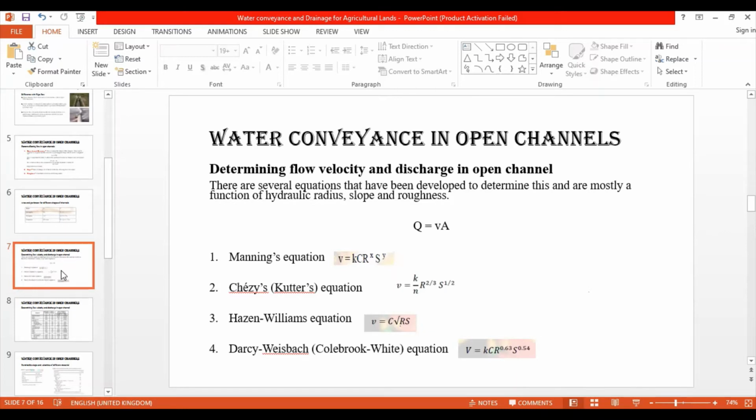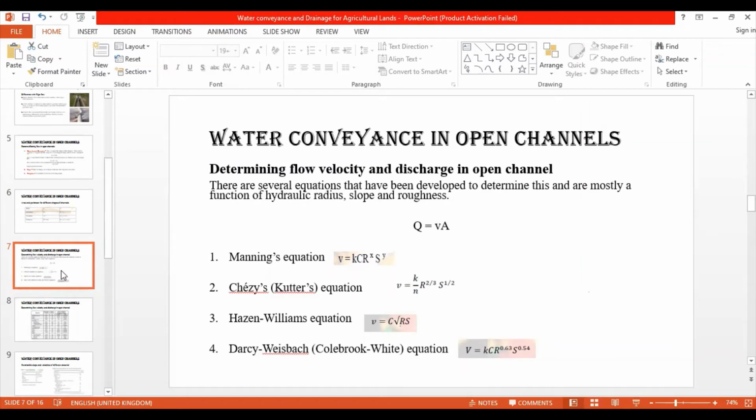So the design of an open channel is mainly to determine how deep and how wide your channel should be. It's basically determining the geometry of your open channel.